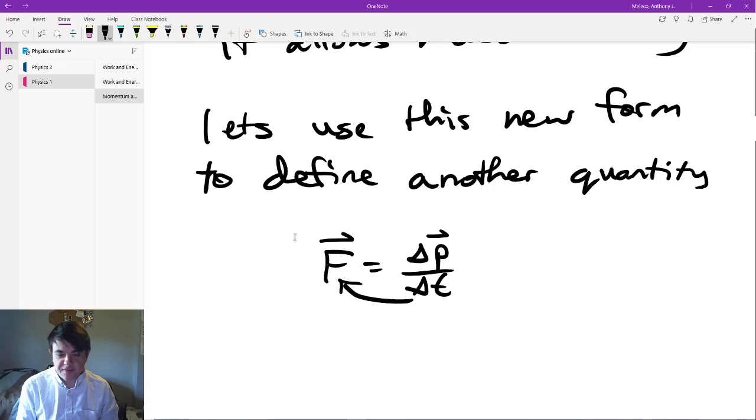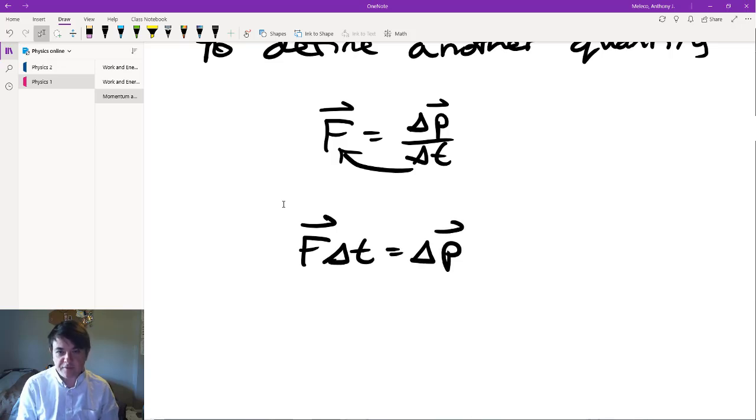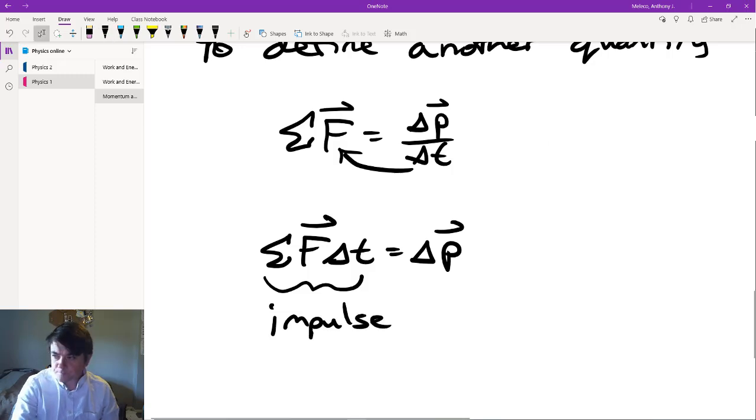If I multiply this over, and write it in terms of momentum, we now have this new strange thing, force times change in time. The sum of the force times the change in time equals the change of momentum of an object. And this new property is known as impulse.